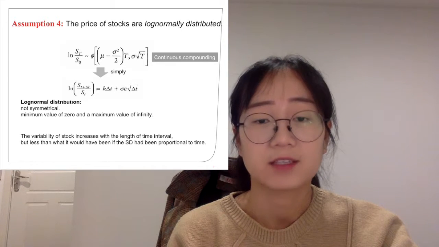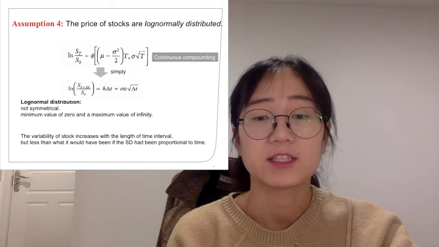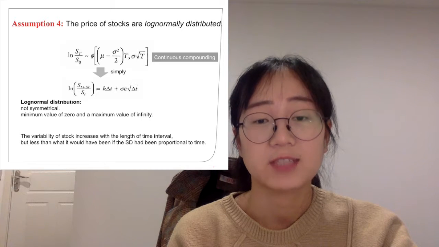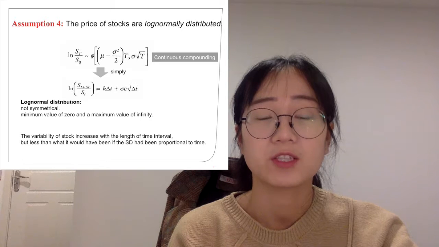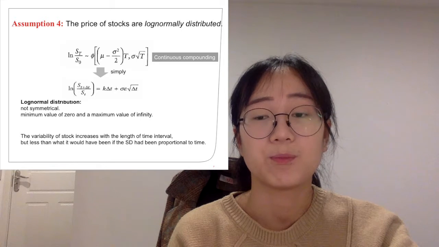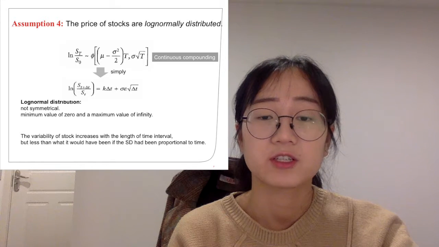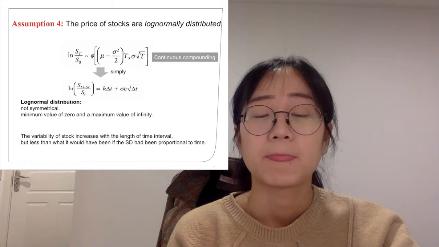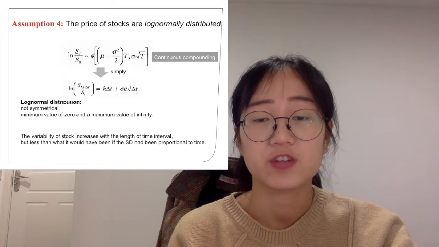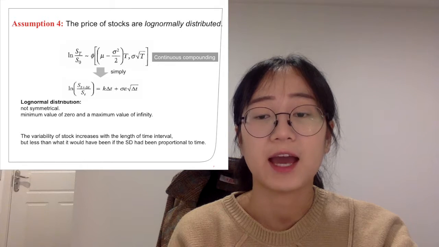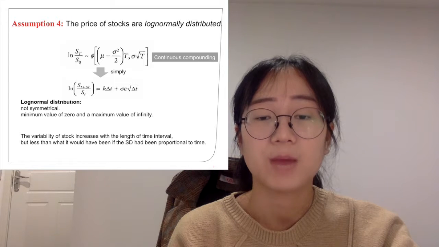Now let's look at the first equation. It shows that the left side is the natural log of today's price divided by yesterday's price, which is continuously compounded, with a normal distribution with the mean of the expected return minus half of the variance multiplied by the time period, and the standard deviation is calculated by the volatility and the square root of the time period.